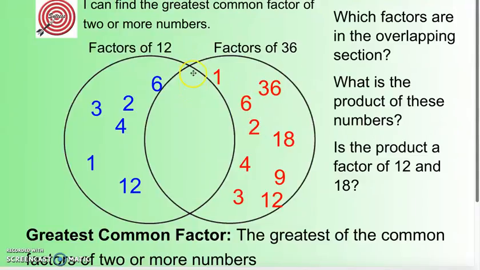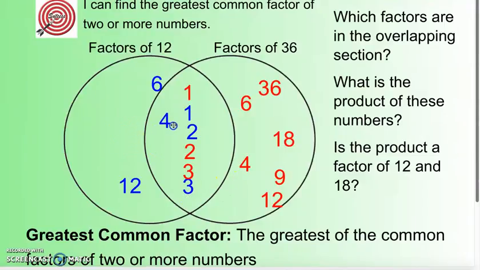Okay, so now what we're going to do is we listed all the factors of 12, all the factors of 36, and we are going to find the factors that they share that are in common. So let's put all the numbers that they share in the center. Okay, so they share a 1, they share a 2, they share a 3, they share a 4, they share a 6.